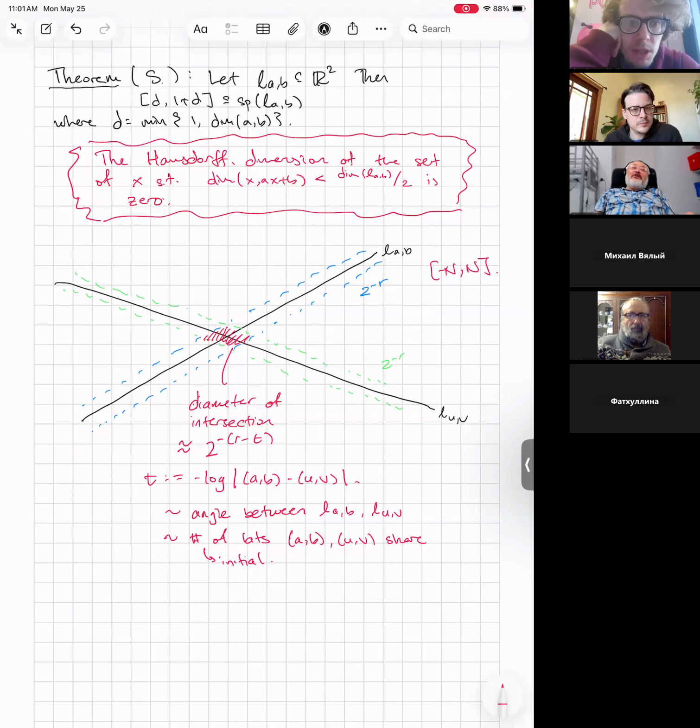Let me try to more or less understand the claim. If I know A and B and U and V with precision r, the claim is, the weak version of the claim, that I know the intersection, but I don't know even in which sense.